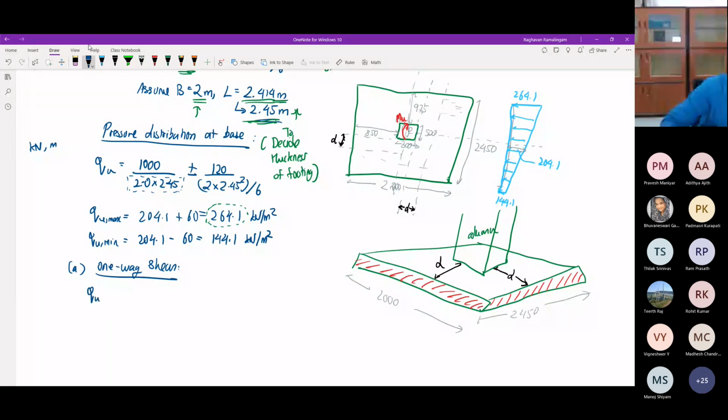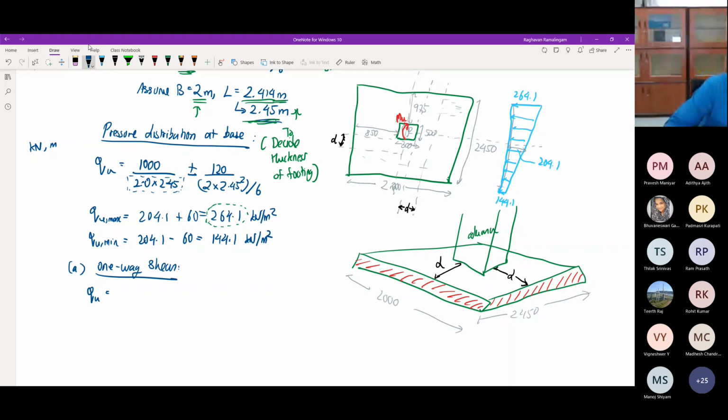So the thing is, I have this pressure distribution, but I do not know how much the pressure is at this particular location at D from the face of the support. That is not known. So you just have to use the shape and use interpolation between this short side of the trapezium and long side of the trapezium and locate that particular part.